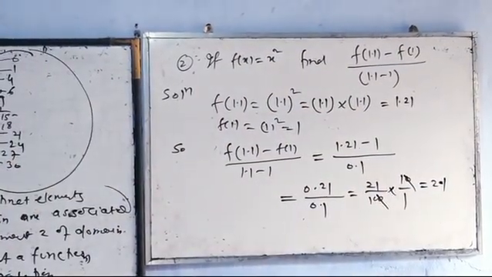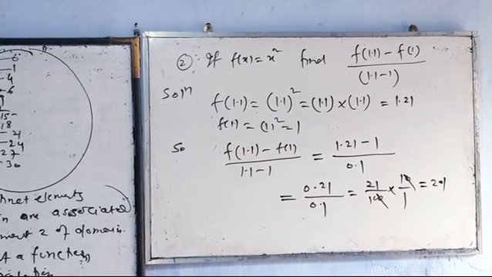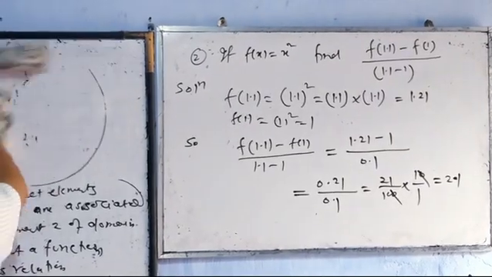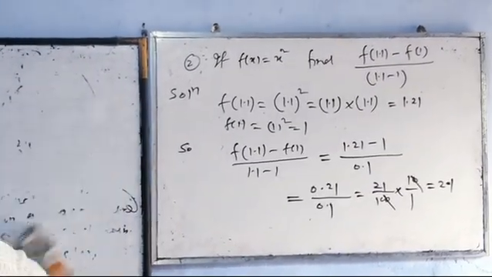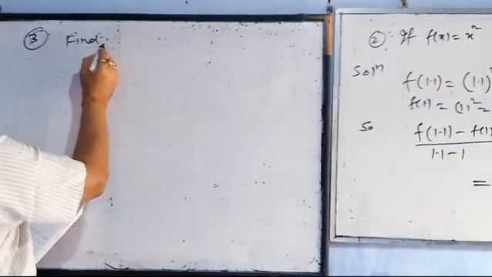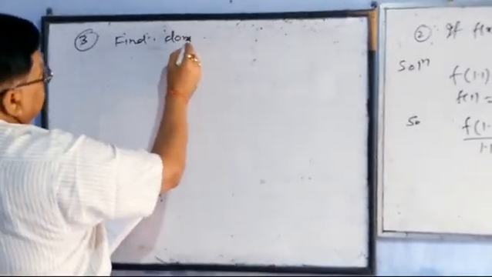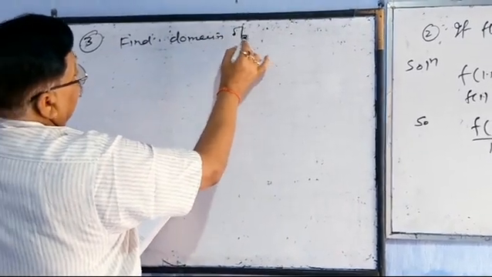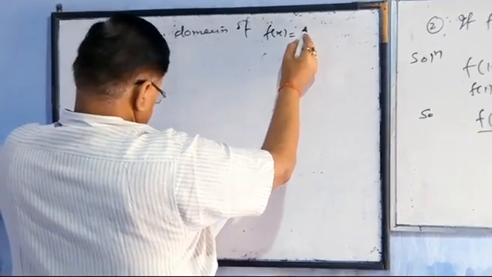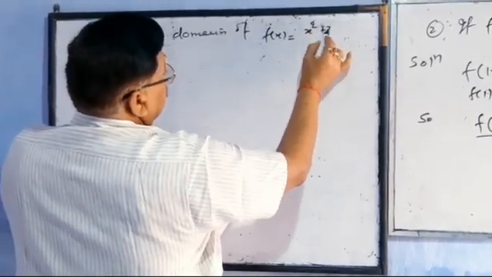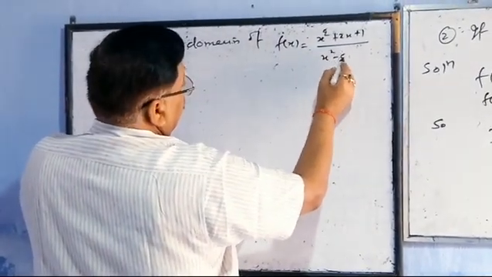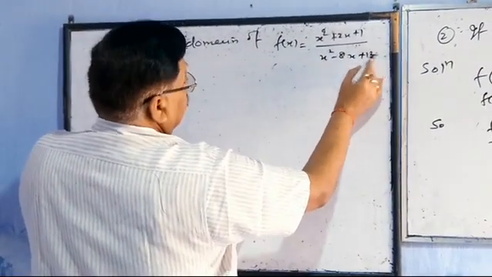Next, here we find the domain. The third question, student: find the domain of f(x) equal to (x square plus 2x plus 1) by (x square minus 8x plus 12).